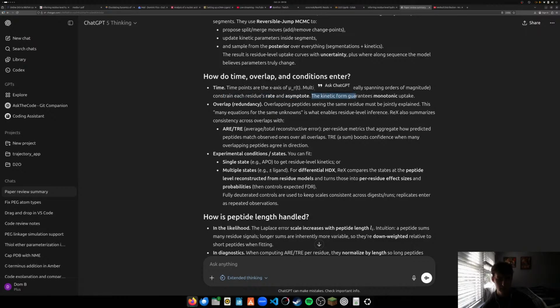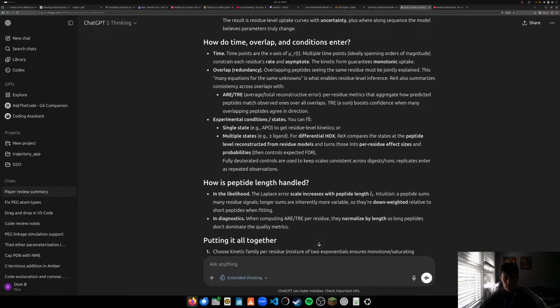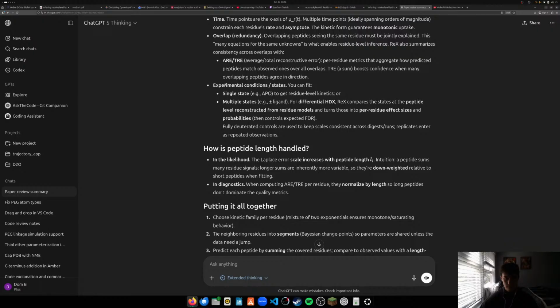Rate and asymptote, the kinetic form guarantees. Overlap redundancy: overlapping peptides seeing the same residue must be jointly explained. Many equations from the same unknowns is what enables deconvolution. Single state, multiple states.